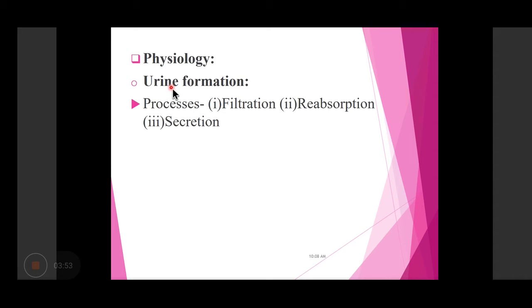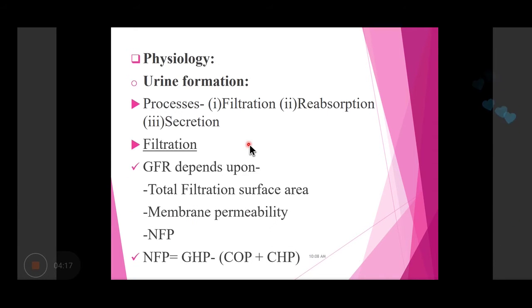Okay, so then we move on to the physiology when we see the process of urine formation. The urine formation occurs under 3 sub-processes. First, there is filtration, then there is reabsorption, then there is secretion. Filtration is the one that we are concerned with more right now.